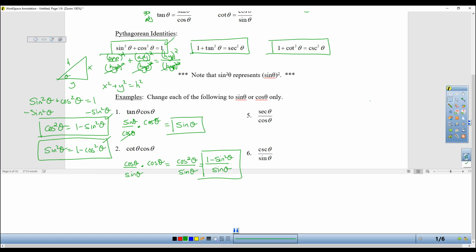This rule is actually from the other day. Secant is 1 over cosine. I'm going to do this the long way the first time, and that is I'm going to separate it into two separate fractions. I'm going to move the cosine into its own fraction, and then secant is the reciprocal of cosine.